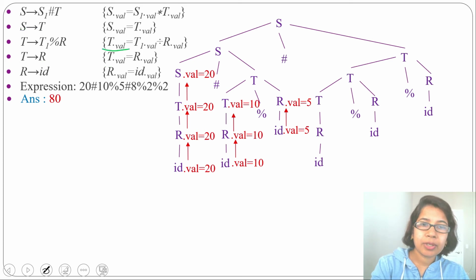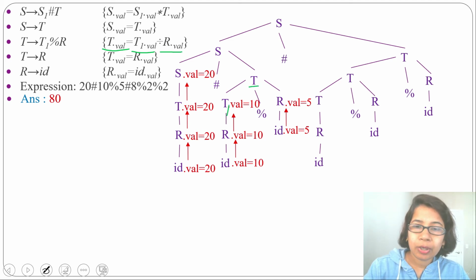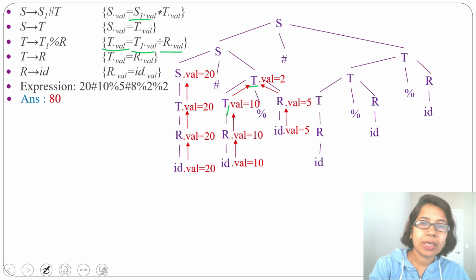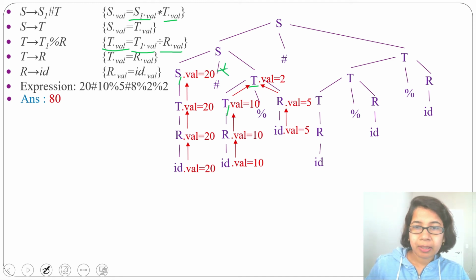Next T value equals T1 value division R value. So this is our T1. This T value will be T1 value division R value. So 10 divided by 5, T value will be 2. Next S value equals S1 value multiplication T value. Let this be our S1. So S1 multiplication T: 20 multiplication 2 will be 40.